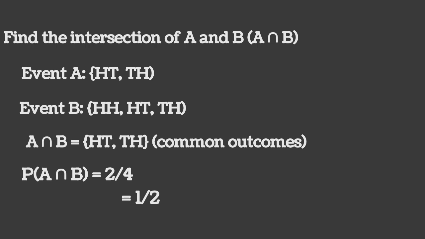Now, the probability of A intersection B would be 2/4. 2 divided by 2 is 1. 4 divided by 2 is 2. Our probability for A intersection B would be equal to 0.5, and then our probability for B will settle at 3 over 4.